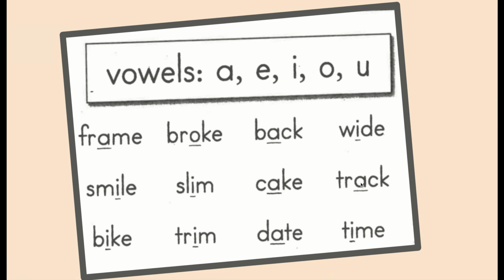No E on the end, the vowel says its sound, track. E on the end, the vowel says its name, ike, bike. No E on the end, the vowel says its sound, trim. E on the end, the vowel says its name, date. E on the end, the vowel says its name, ime, time.